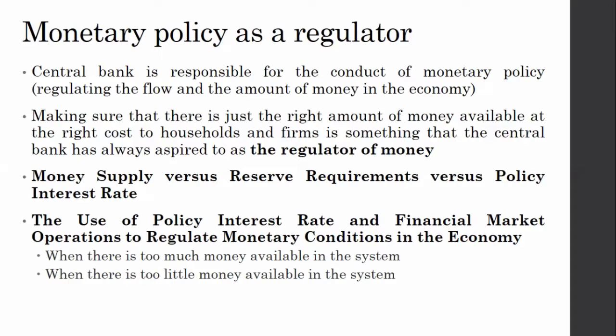We have to slow down economic activities in order to tame the rise in general price levels. When the central bank increases the policy interest rate, it implies that there is a potential threat of inflation. You have to slow down the economic activities conducted by you, right? So that is the signal.